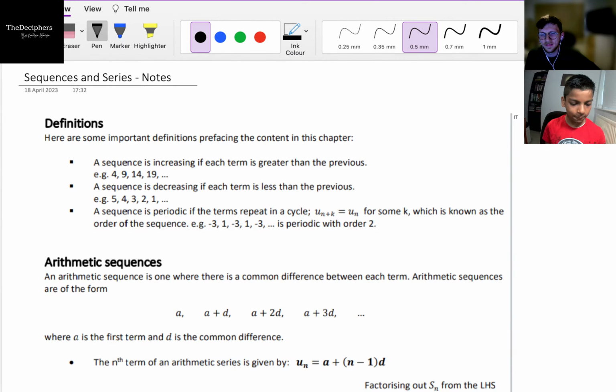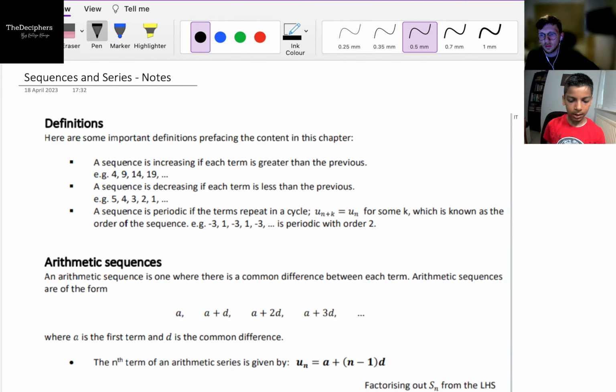A sequence is periodic if the terms repeat in a cycle. U of n plus k is U of n for some k, which is known as the order of the sequence. For example, -3, 1, -3, 1, -3, and then keep going. That's periodic with order 2.